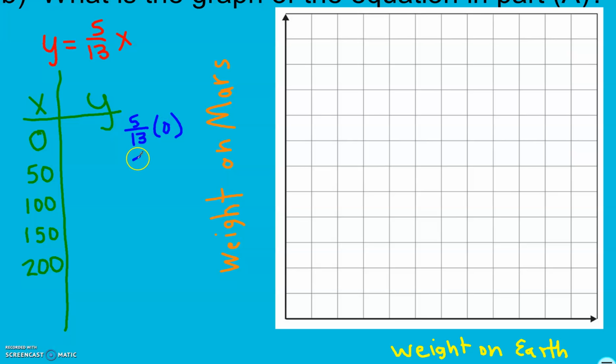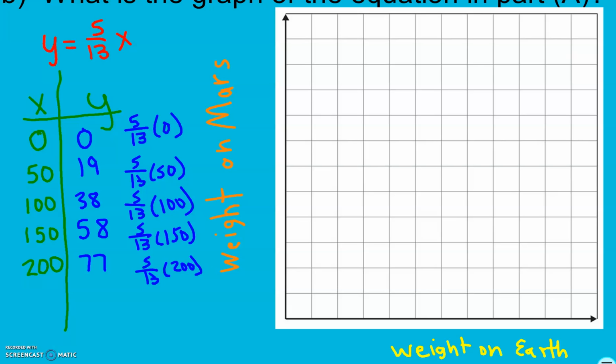I replace my x values. And here, because it's an application problem, I'm actually going to evaluate those and get decimal approximations, because if I say 250 over 13, that's not super helpful. So there are my approximate values.